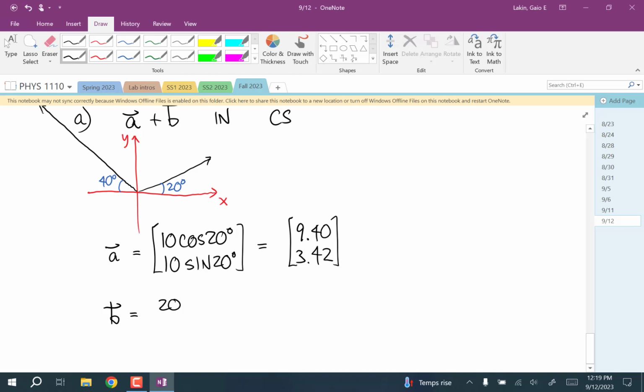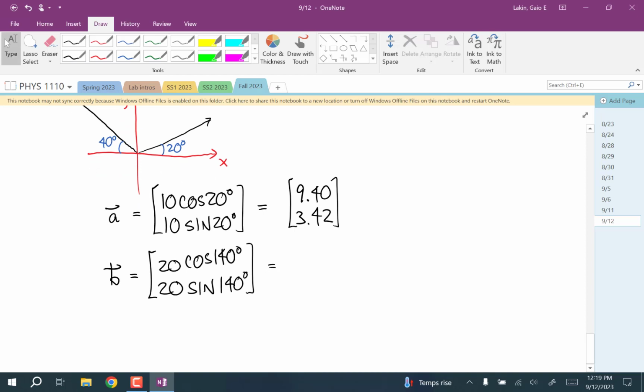So this is going to be 20 times the cosine of 140, 20 times the sine of 140. And that comes out to be negative 15.32, and then positive 12.86, right?